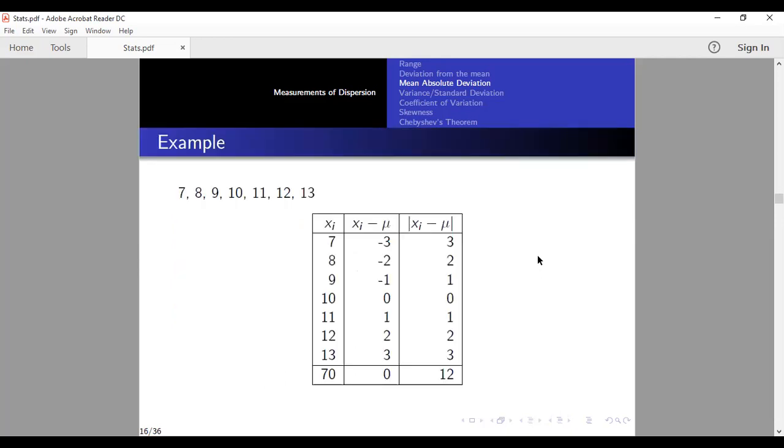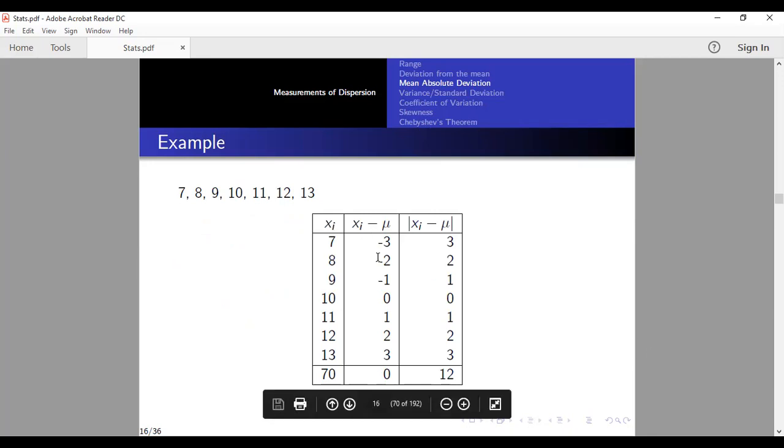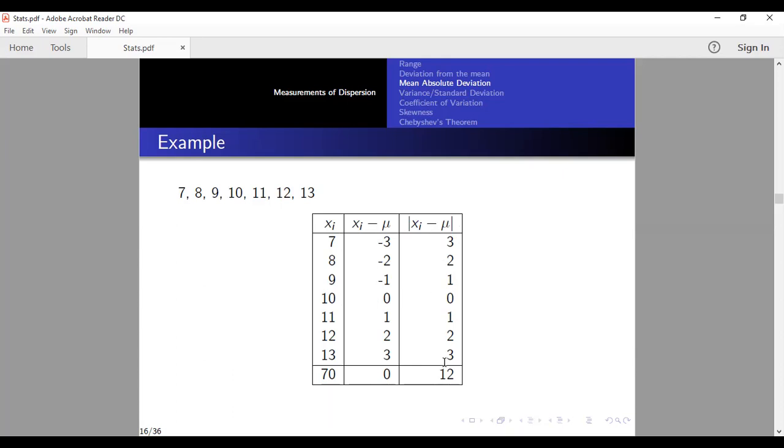Let's take another example. Now we've got 7, 8, 9, 10, 11, 12, 13. Their sum is 70. Now we've got the differences, -3, -2, -1, 0, 1, 2, 3. We simply remove the negative, so we get 3, 2, 1, and the positives remain positive.